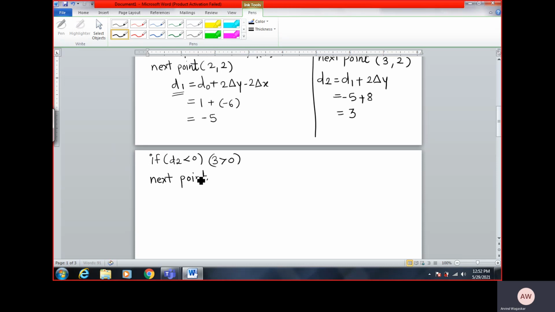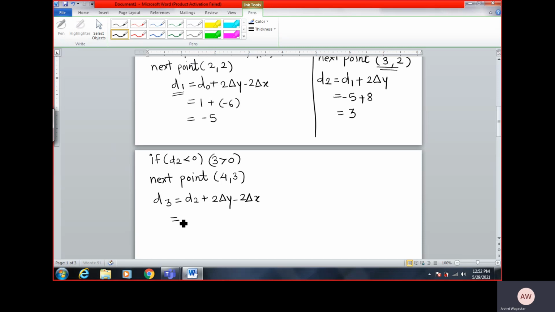Previously it was 3, 2, so 3 becomes 4 and 2 becomes 3. And you also have to update d, so d3 is equal to previous d plus twice delta y minus twice delta x.